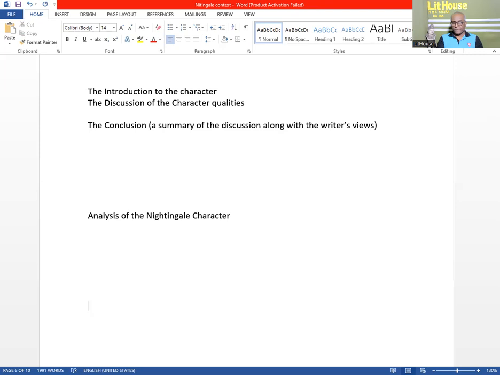You analyze, you divide the matter into small pieces, small parts. You are going to analyze the Nightingale's character into small parts, features.